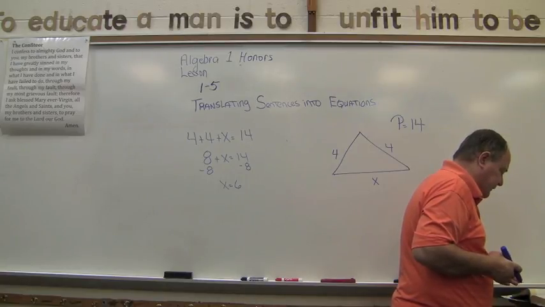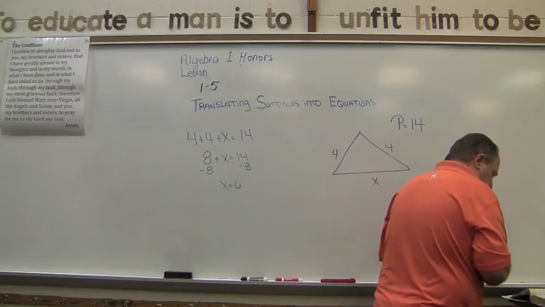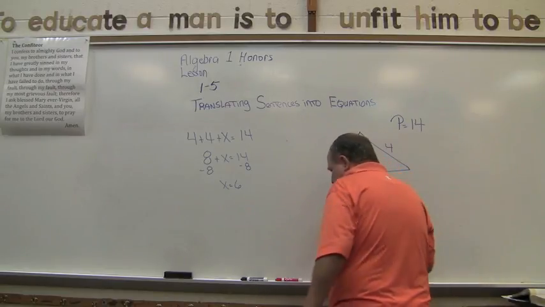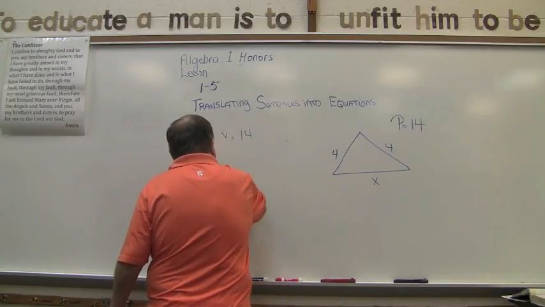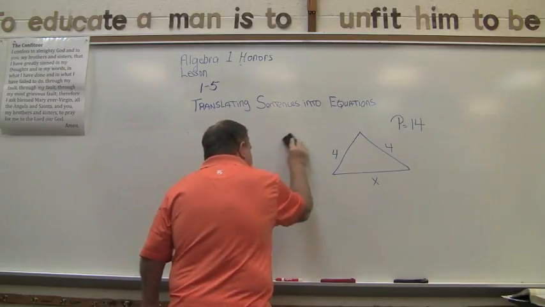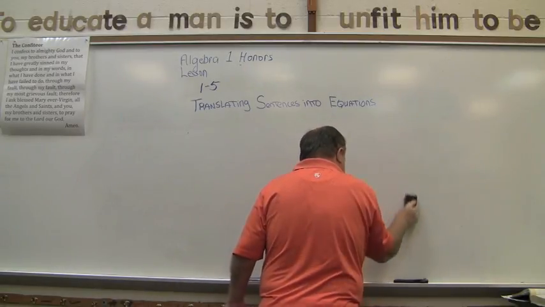For example, the problem in number 5 says the distance traveled in 3 hours of driving was 240 kilometers. Okay, so you drove for 3 hours and you traveled 240 kilometers. All right, let me just write that down.